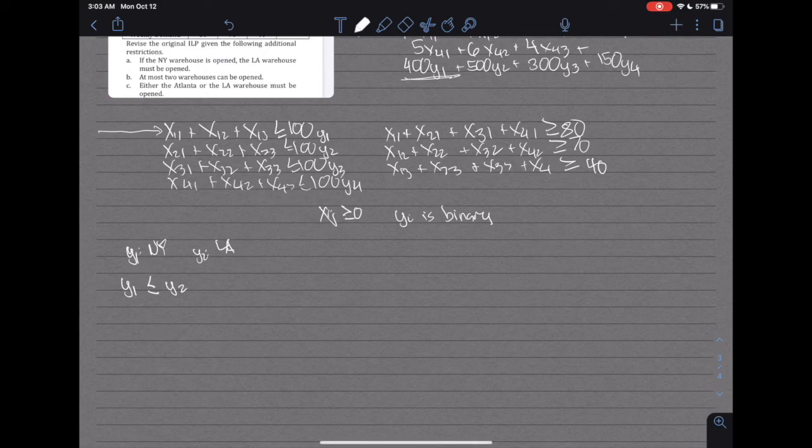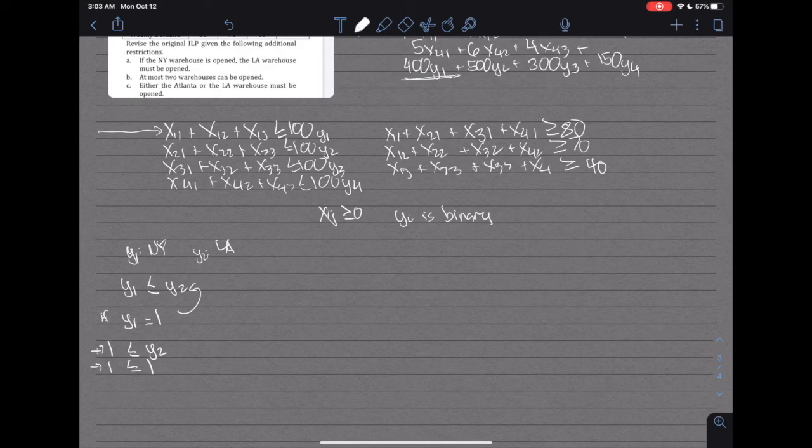How so? If y1 is equal to 1, and we note this relationship, what we will get is 1 is less than or equal to y2. And since y2 can only have a value of 0 or 1, it will automatically take on the value of 1.